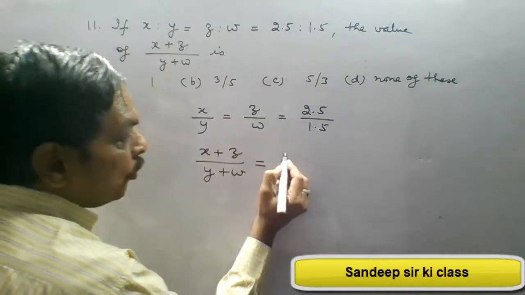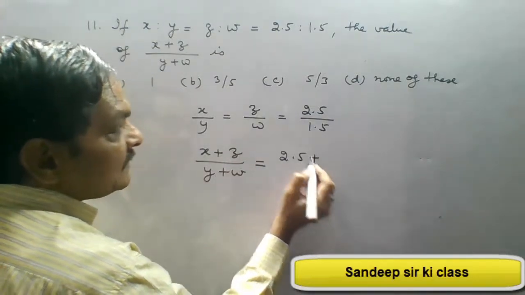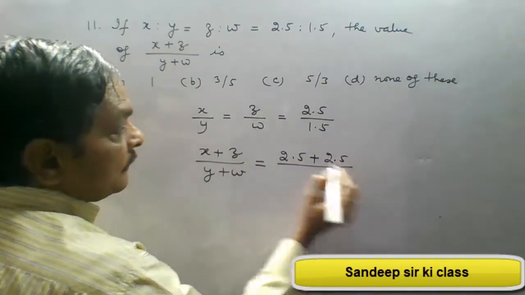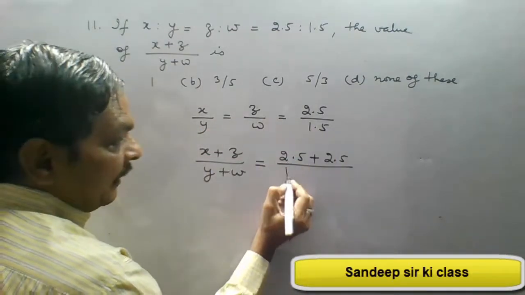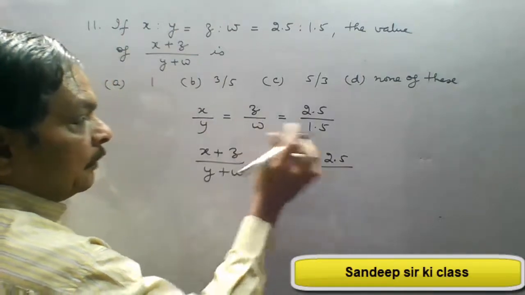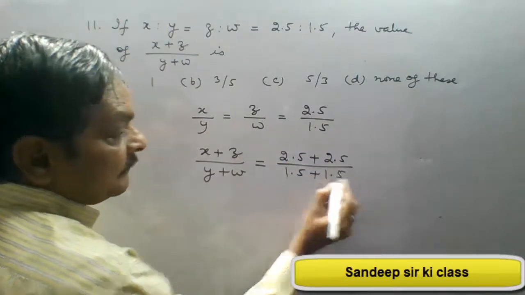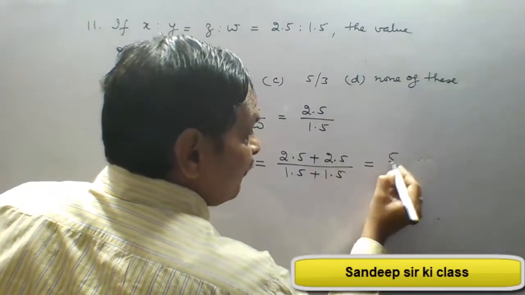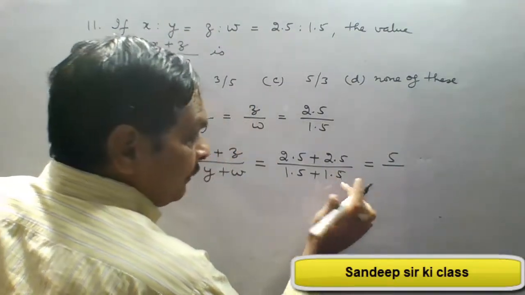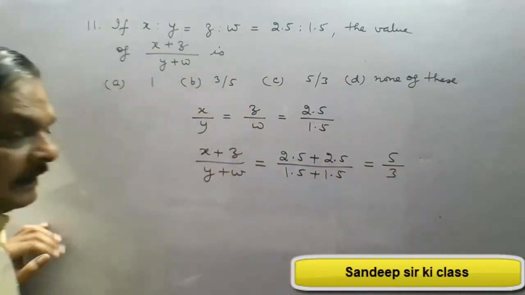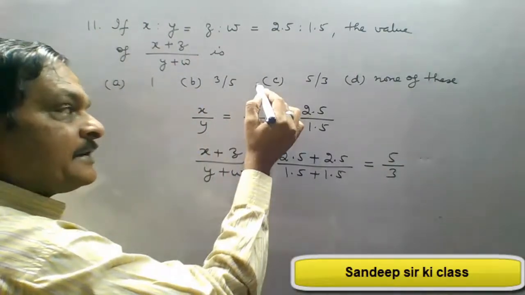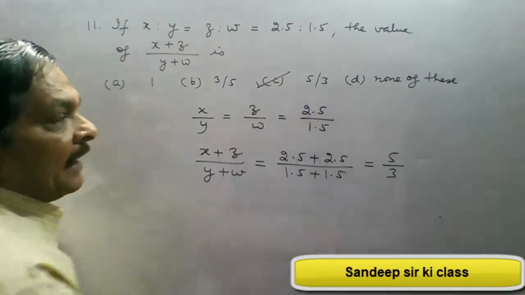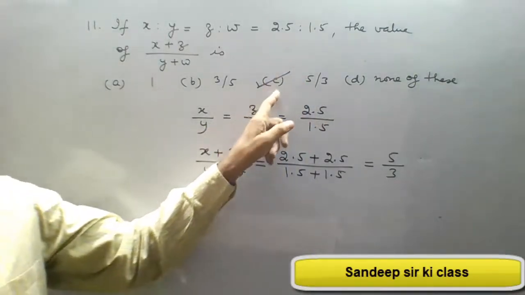So here we write 2.5 plus Z again we write 2.5, Y we write 1.5 and W we write 1.5. This is equal to 5, 2.5 and 2.5 is 5, 1.5 plus 1.5 is 3. We get 5 upon 3, which is our ratio, which is our option C. Hence, the option C is correct.